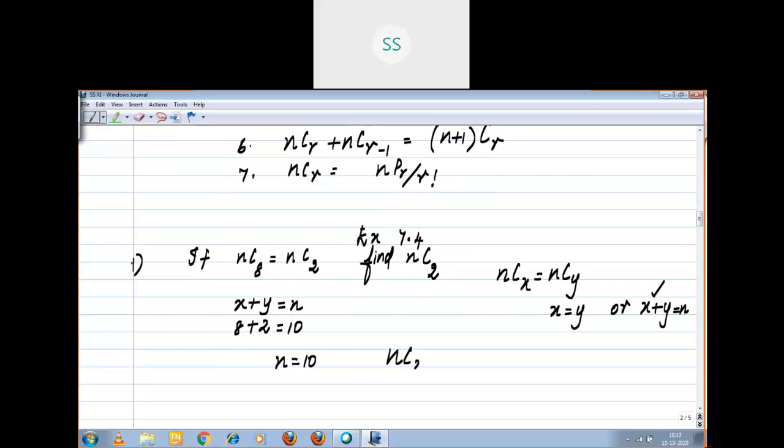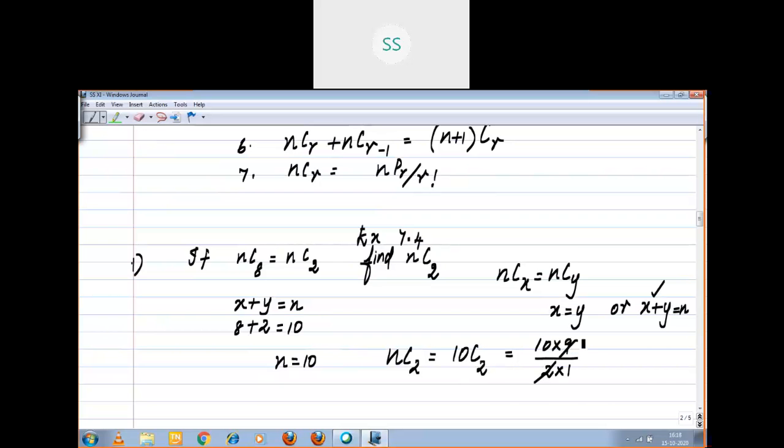So nC2 is 10C2, which is equal to, based on r you are going to expand. 2 is there, so 2 terms only; you have to write in the reverse order in the numerator. 10 into 9 divided by 2 into 1.